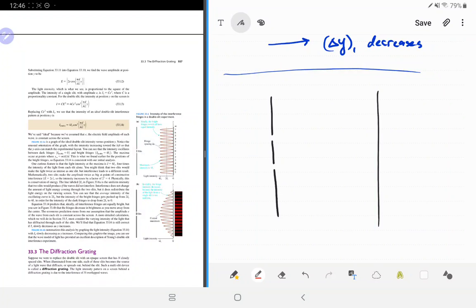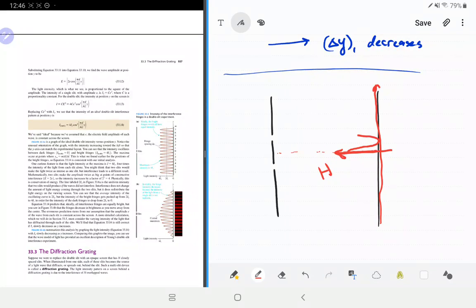So right now, by the way, I'm turning the tablet 90 degrees. And what I'm doing now is, along this center line, I'm going to make a plot. So something versus something. And what I'm going to plot is intensity of light. Wherever I see a bright spot, that's where it's maximal intensity.